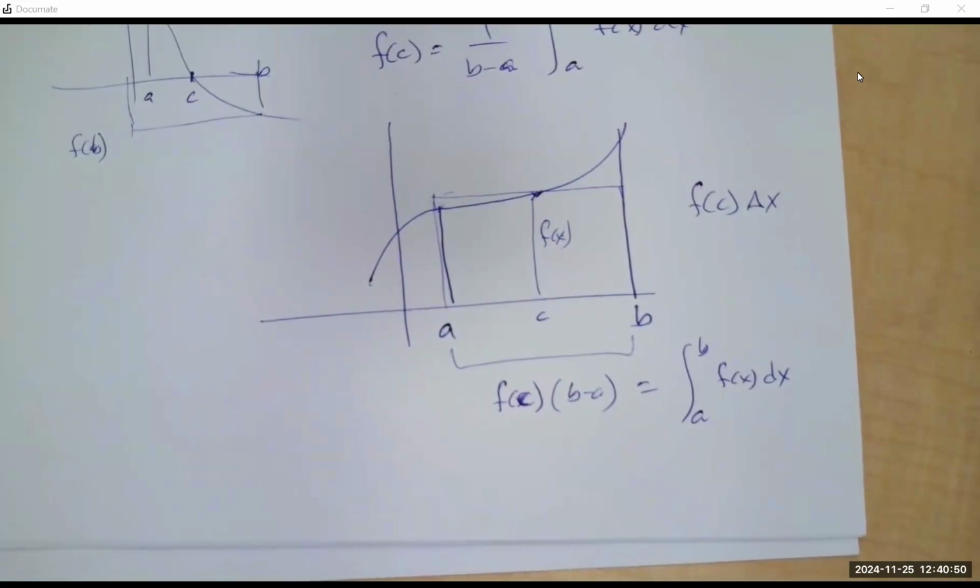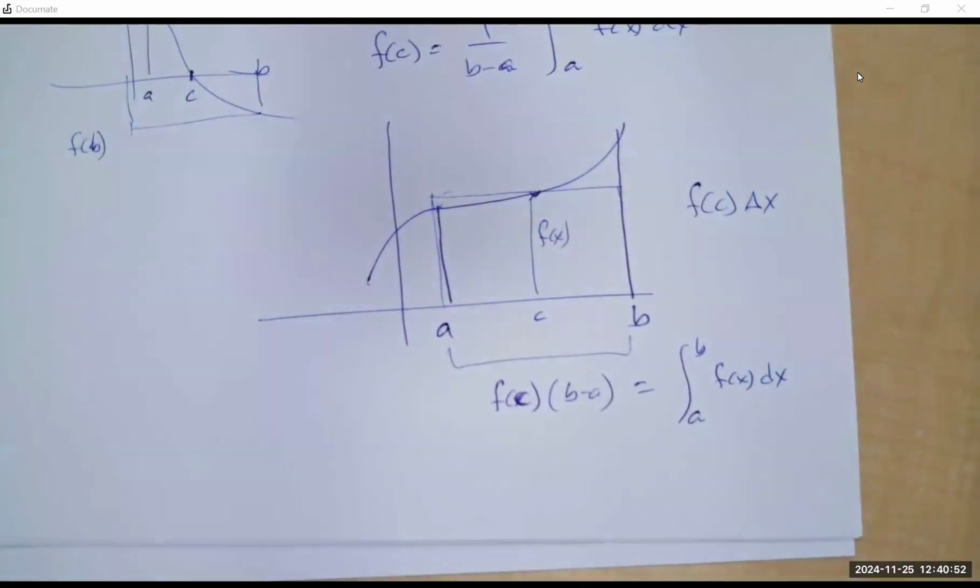Everybody understand that? Since the function itself is going to be all wonky, I can find a value and make a rectangle that has the same area as that wonky graph.